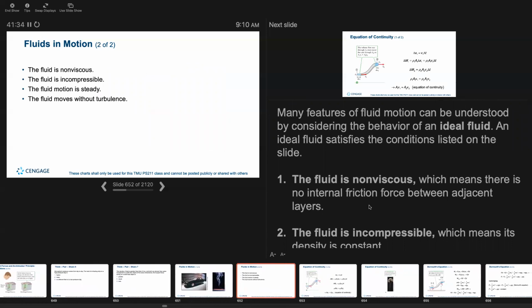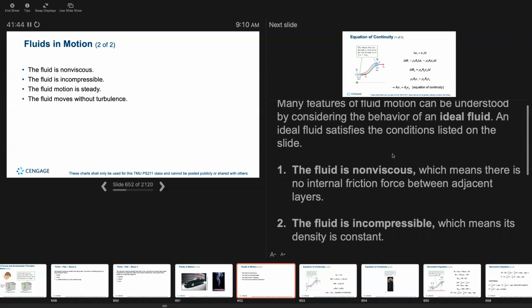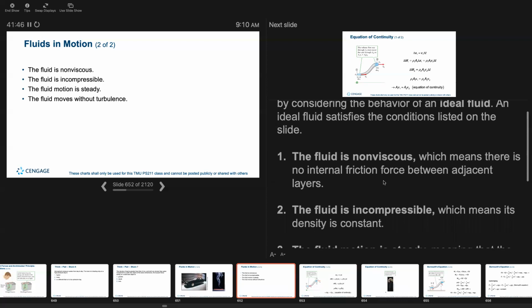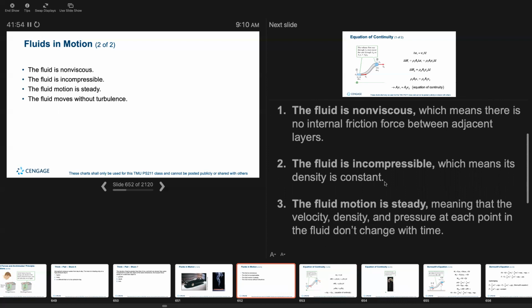Many features of fluid motion can be understood by considering the behavior of an ideal fluid. An ideal fluid satisfies the conditions listed here. First, the fluid is non-viscous, which means that there is no internal friction force between adjacent layers. Number two, the fluid is incompressible, which means its density is constant.